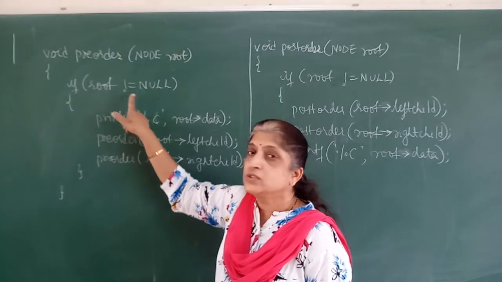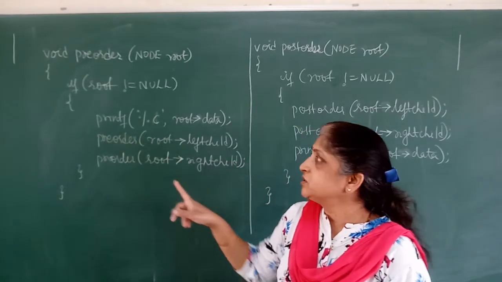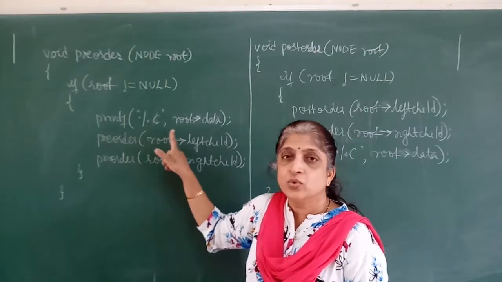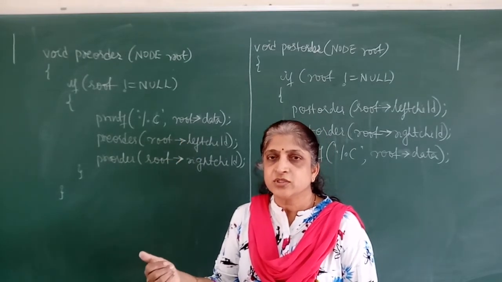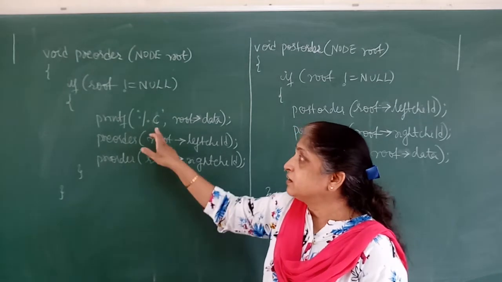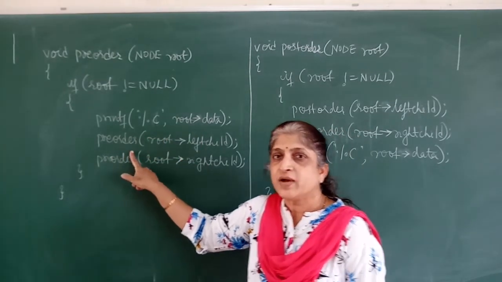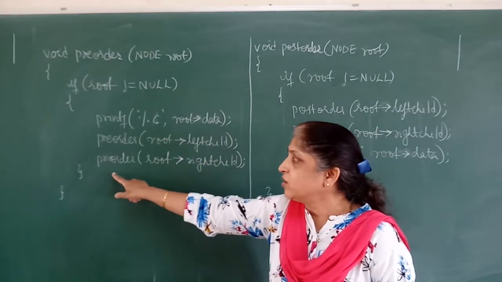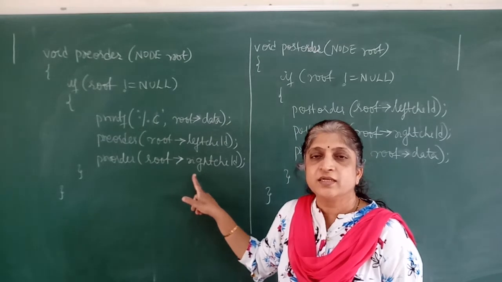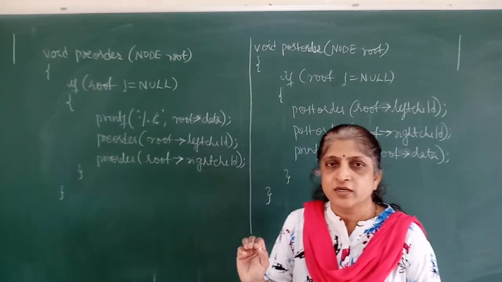If root is not equal to null, it enters the block. Here we have the statement printf root data, so first we visit the root. Then we call the pre-order function with root left child as an argument, then with root right child as an argument.